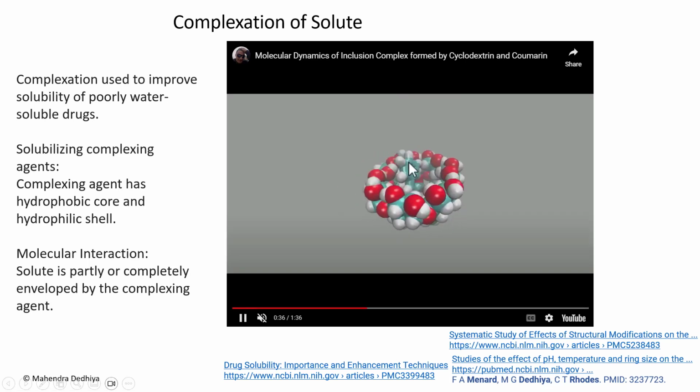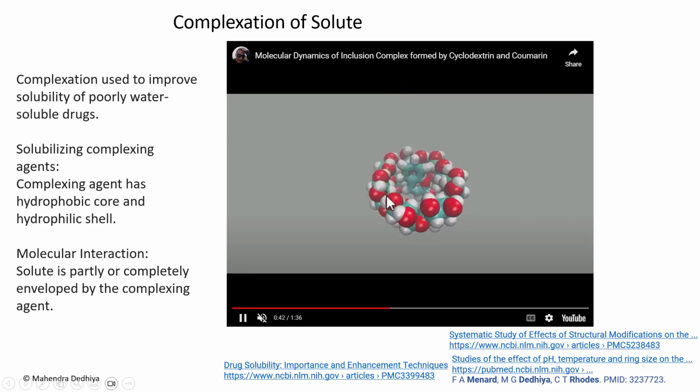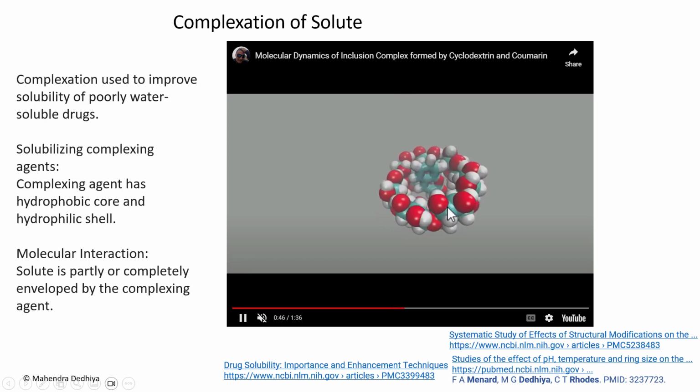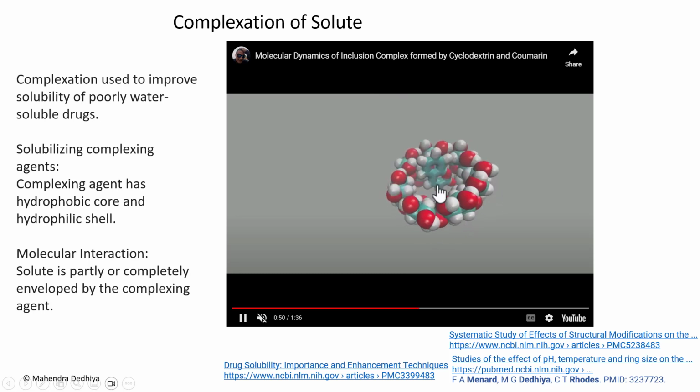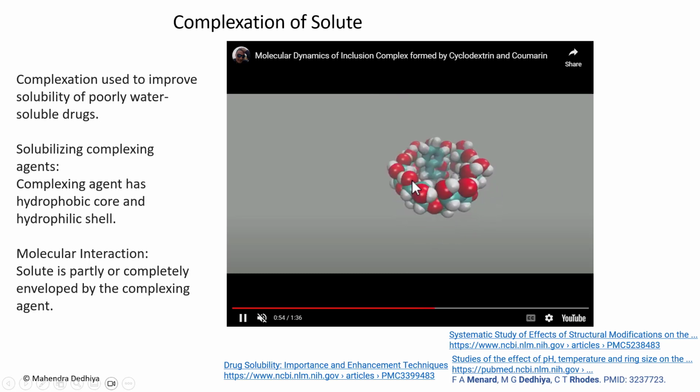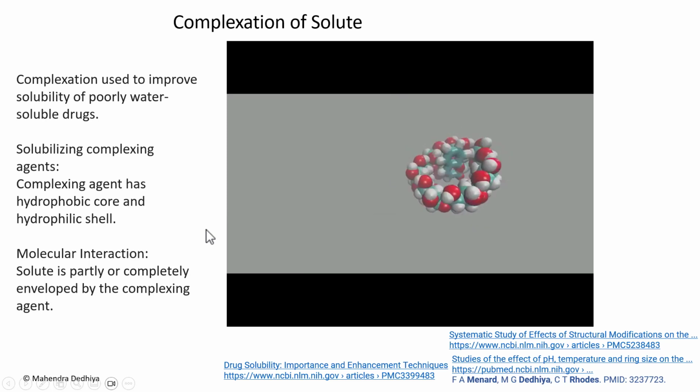Here is insoluble material sitting in the cavity itself. So the outside is exposed with OH groups, which allows it to dissolve in water, and inside is a non-polar cavity which solubilizes non-polar molecules.